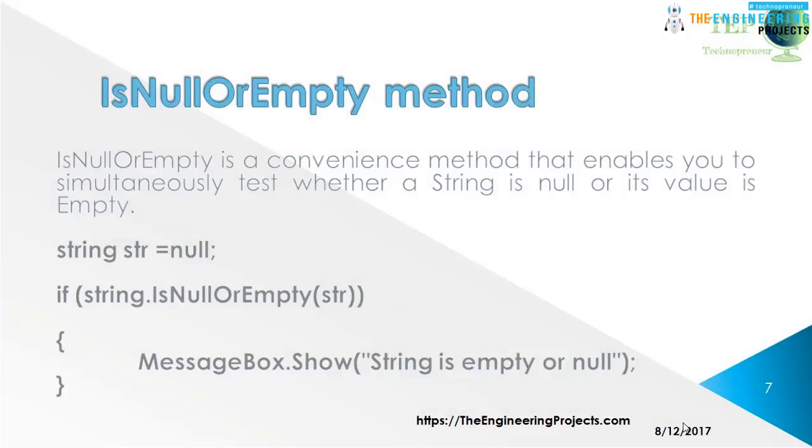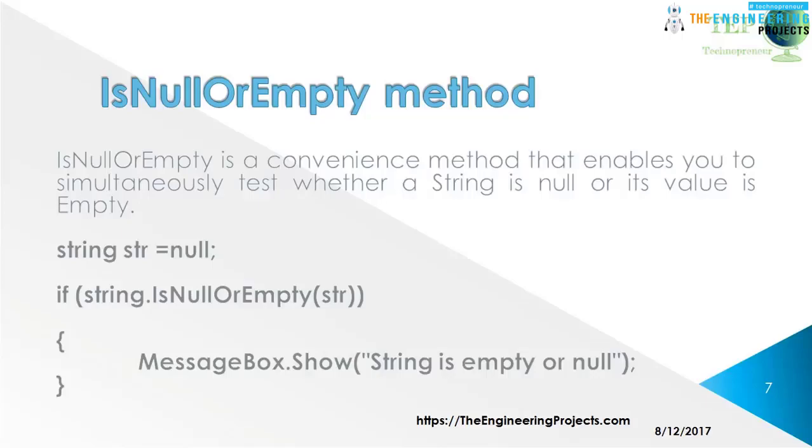IsNullOrEmpty is a convenience method that enables you to simultaneously test whether a string is null or its value is empty, such as string str is equal to null. If string.IsNullOrEmpty and pass the variable str, then the message will pop up and show you the result: the string is empty or null.